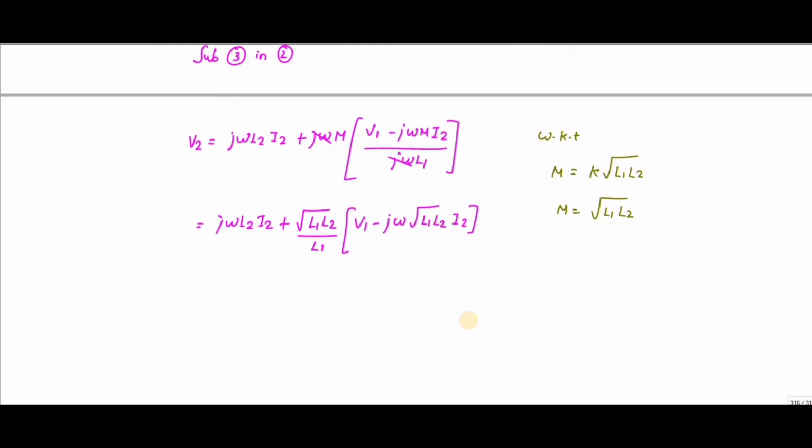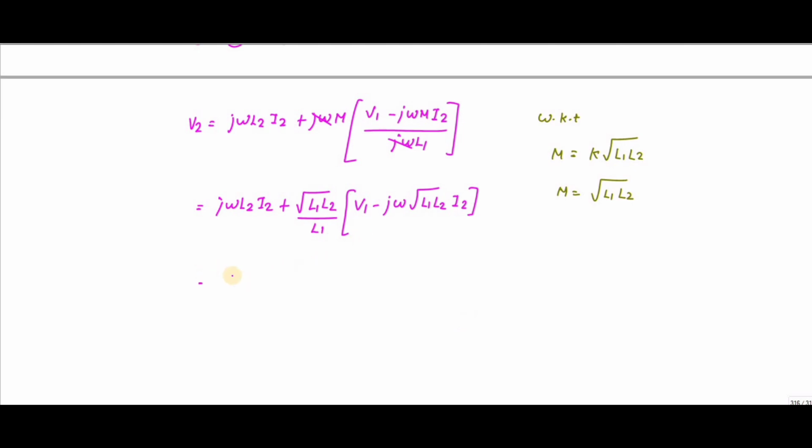So this is equal to j omega L2 I2 plus root of L2 by L1 times V1 minus j omega root of L1 L2 into root of L1 L2, which is L1 L2, I2, divided by L1. So this L1 and L1 get cancelled.